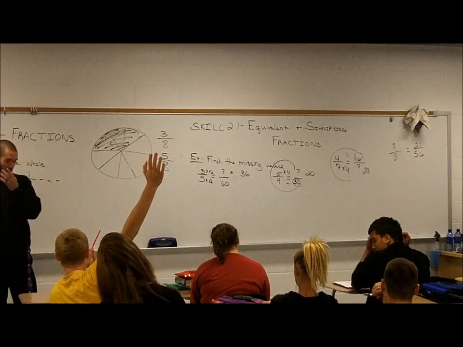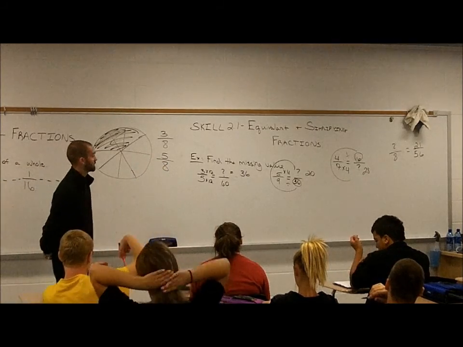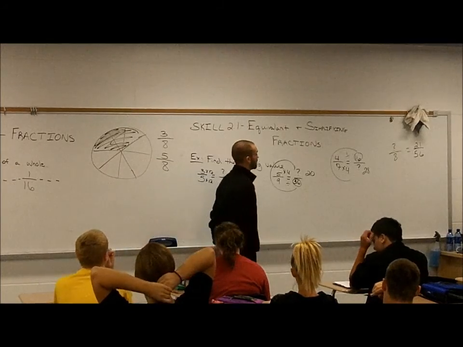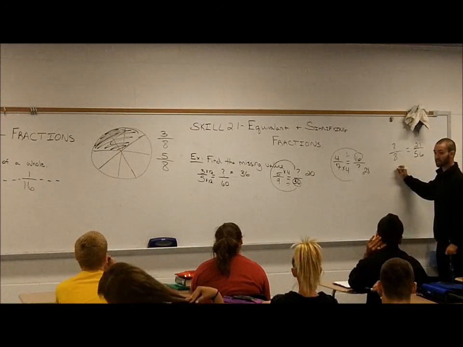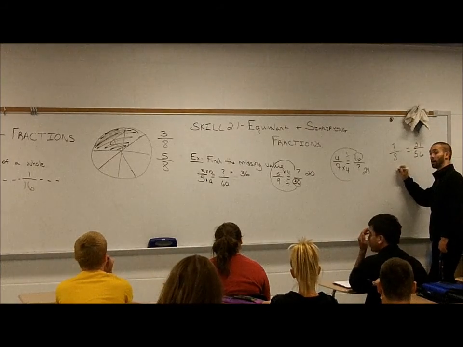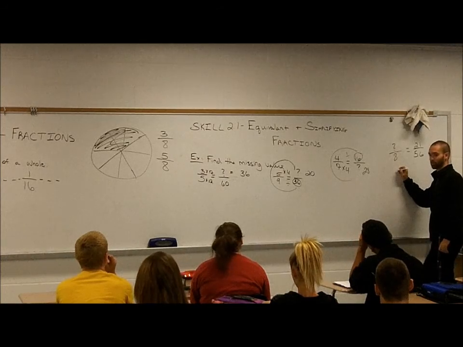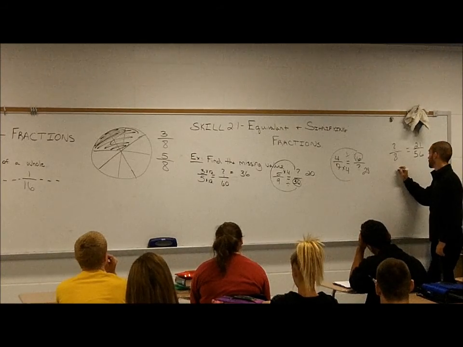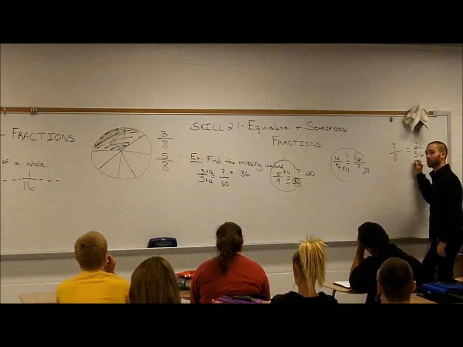Where would you start? AJ? At the 8 and go around. So how am I going to go around? Divide. 8 divided by 56? No. Okay, so 8 divided by 7 is 56?